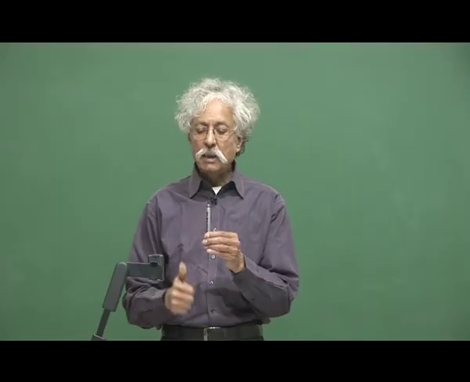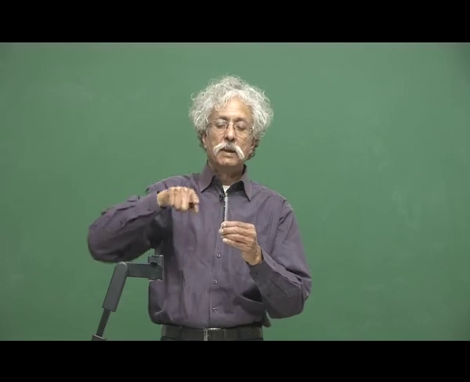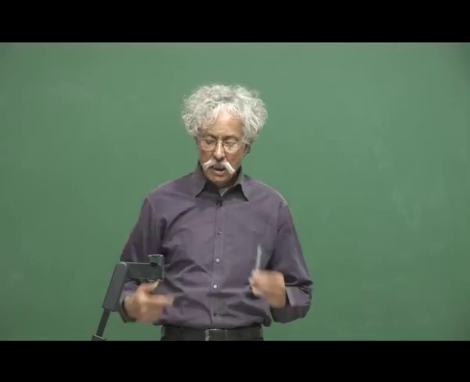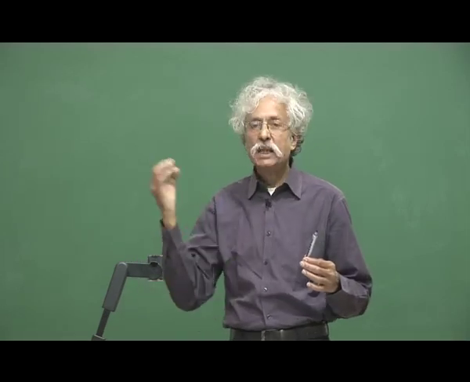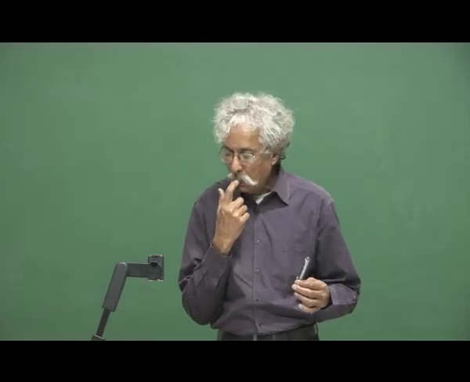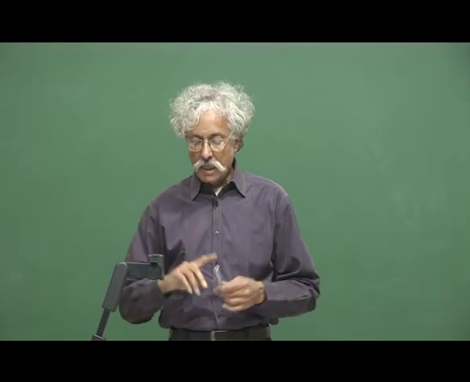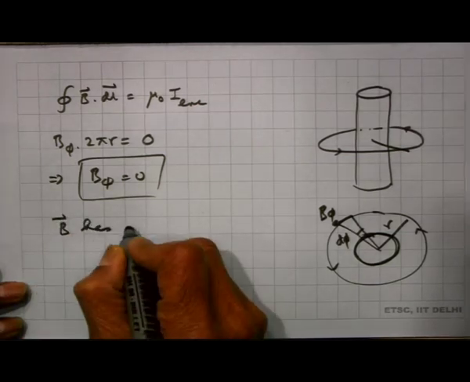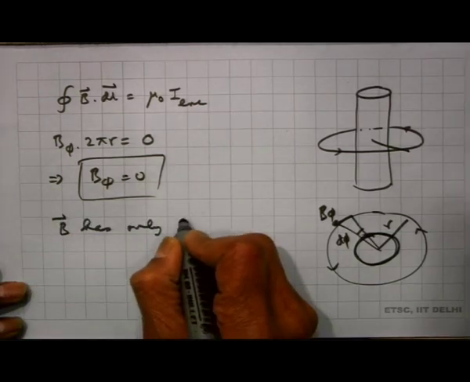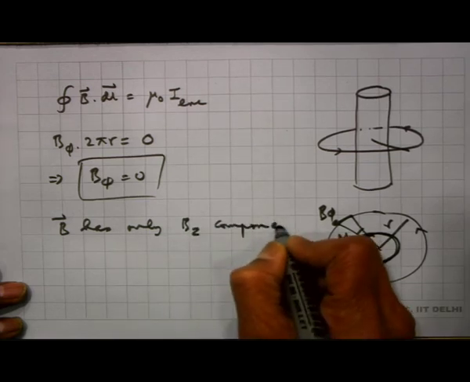So, if the solenoid is like this, the first thing I showed you is there can be no component of magnetic field like this. I have also shown you there can be no magnetic field component in this direction, and there can be no magnetic field component like this. In fact, you can use the Biot-Savart law with current elements in different directions, again using symmetries, to tell you finally that the magnetic field has to have only a Bz component.